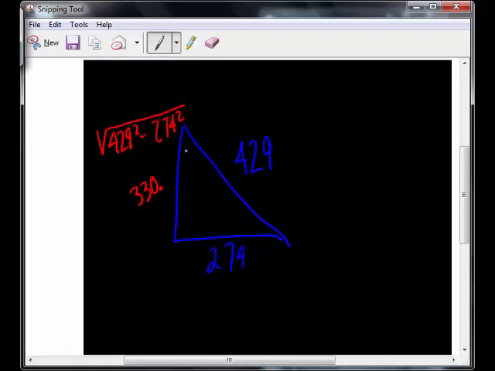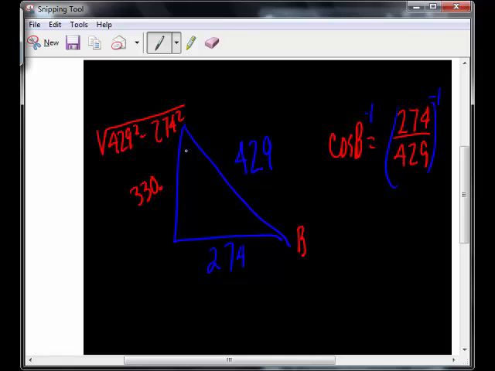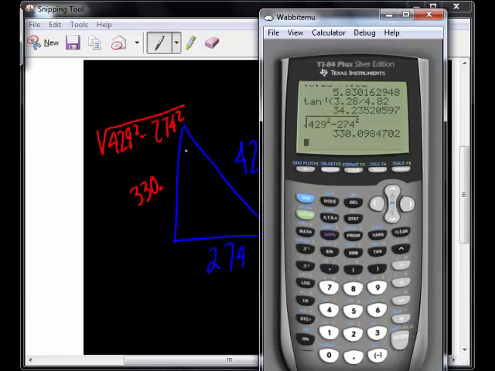And then for our angle B, cosine B is adjacent 274 over hypotenuse 429. Remember that we're going to take the angle whose cosine is.